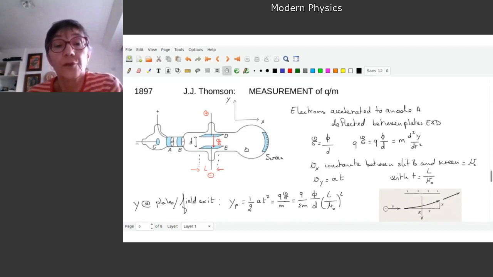So this is evacuated. You don't have gas inside. You only have these electrons, and they are accelerated, and you see here where they collide with the surface. You can put some material which will be phosphorescent under the action.